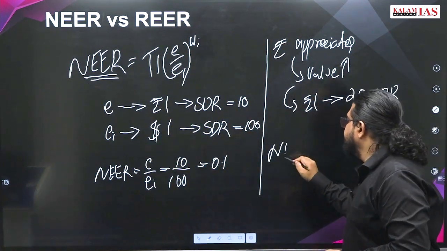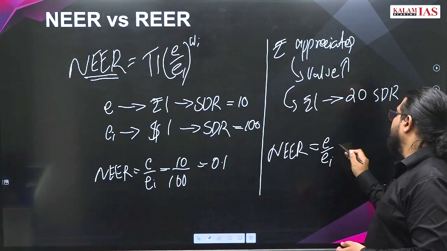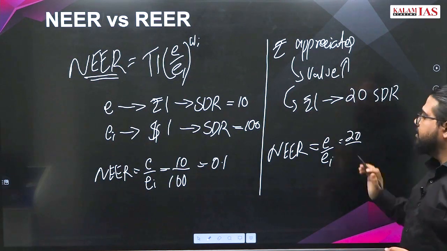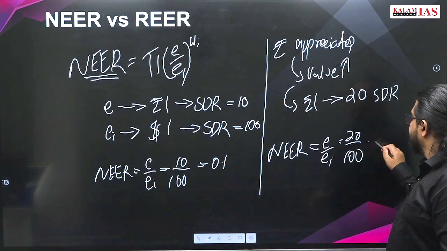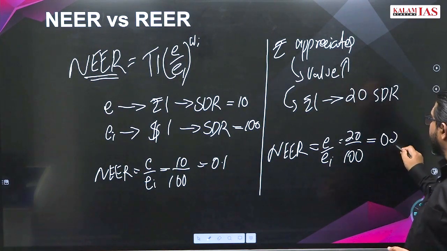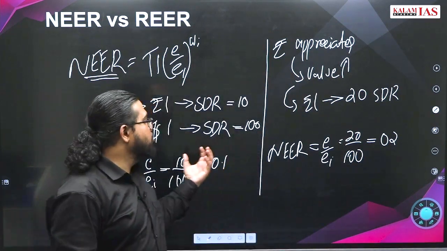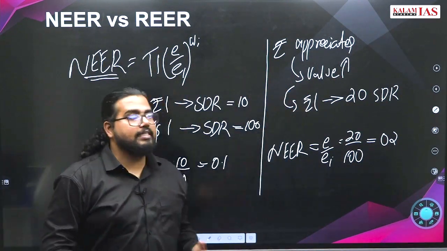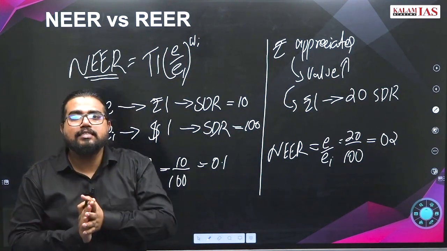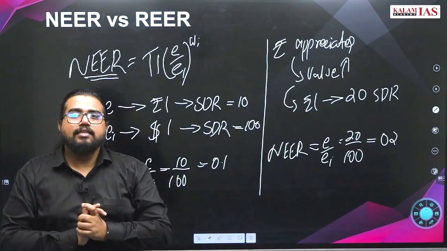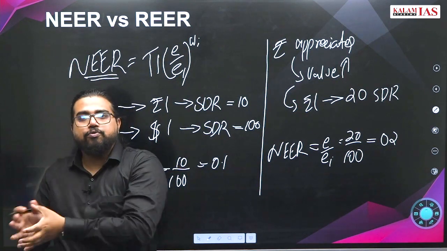Now what is NEER in this case? NEER in this case is E by EI. Now E has become 20, EI we are assuming is the same, that is 100. So how much does it come to? 0.2. So when the rupee appreciated by 100%, you will see that the NEER also appreciated by the same amount. So when the rupee appreciates, NEER also increases, and vice versa. If the rupee is depreciating against currencies, then the NEER value falls.